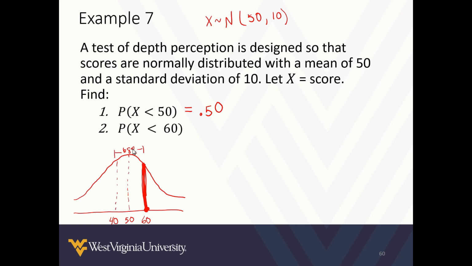Well, the total area under the curve is equal to 100%. We've eliminated 68% of it between 40 and 60. So that leaves 32% to be within our remaining tails. As this is a symmetric graph, that means we have to divide it evenly.